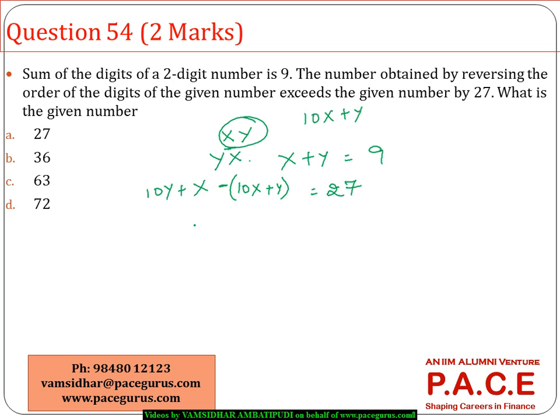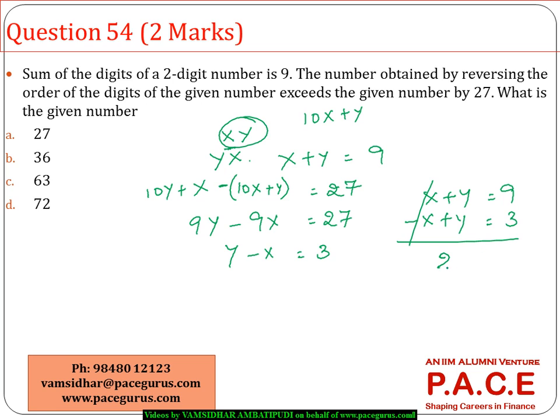So from this it is becoming 9y minus 9x equal to 27, or y minus x equal to 3. x plus y equal to 9, minus x plus y equal to 3. So from simplification, it is coming 2y equal to 12, or y equal to 6, and from there it is coming out that x equal to 3.